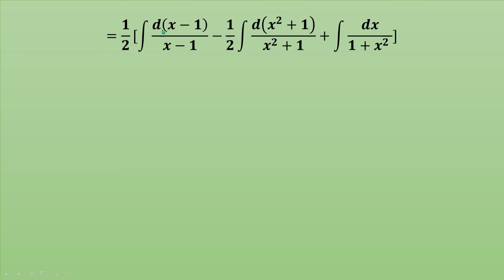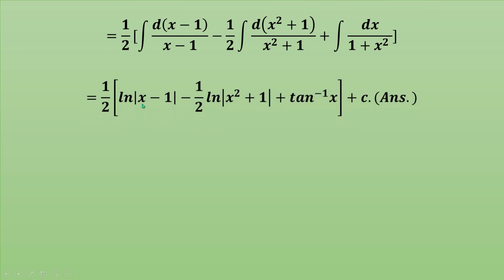Okay, now dx by x means ln x, ln of x minus 1, and here also dx by x means ln of x square plus 1, and the integration of 1 divided by 1 plus x square with respect to x equals tan inverse x plus c. This is the required answer.